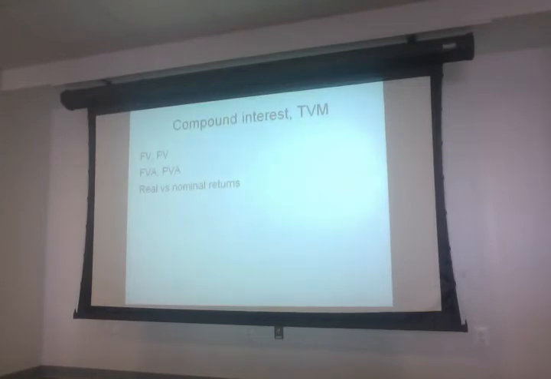Because again, the government currently targets inflation in the range of 2 to 3%. That's their stated objective. So let's just be generous and say that we expect a 3% average rate of inflation over the next 50 years or so, right?